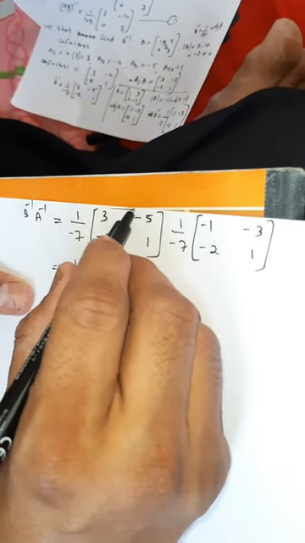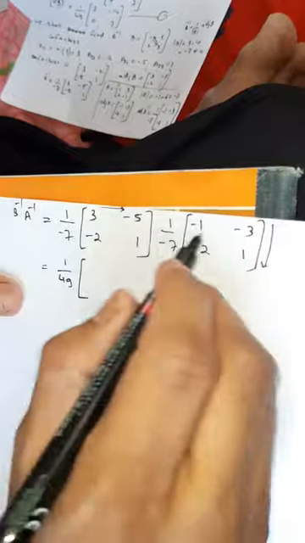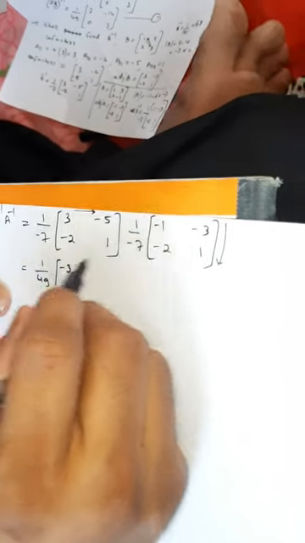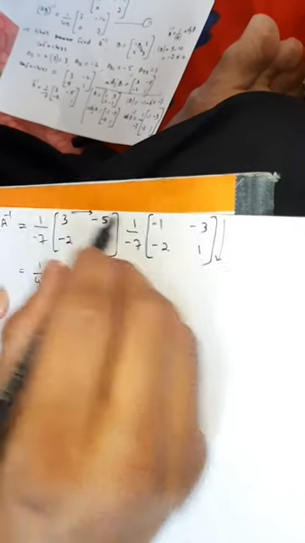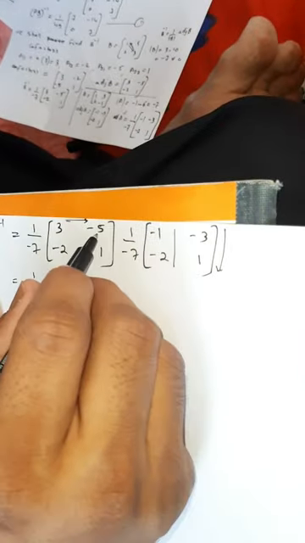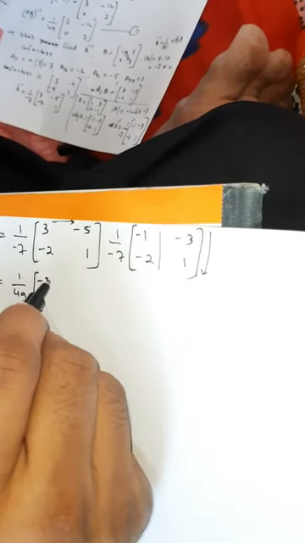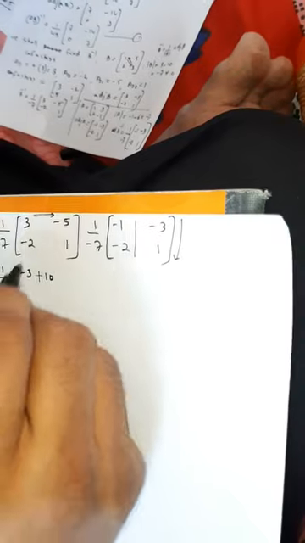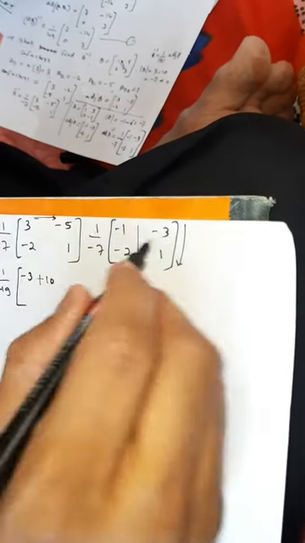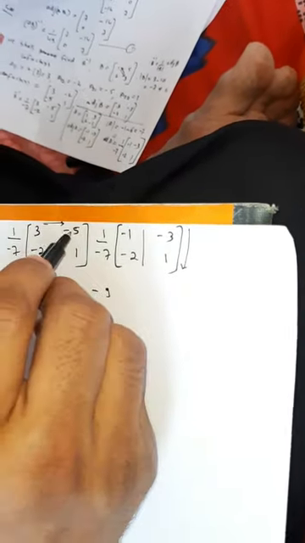Again same, rows of these multiplied to columns. First row, first column: 3 into minus 1, minus 3, into minus 2 is plus 10. Then first row, second column: 3 into minus 3, minus 9, minus 5.